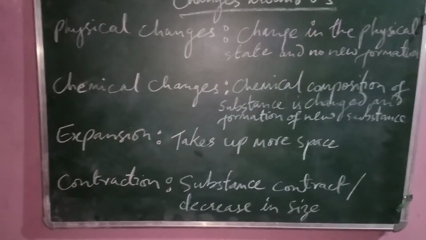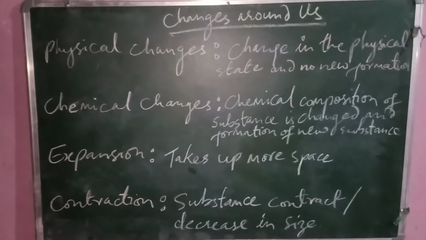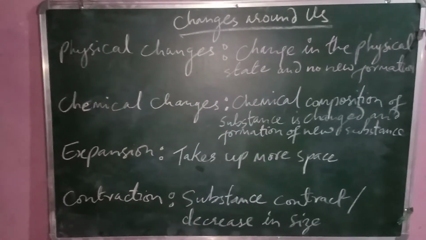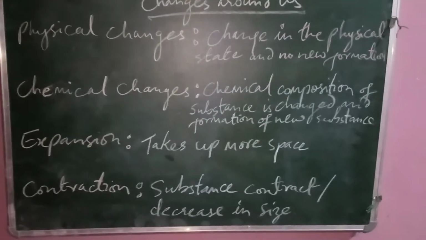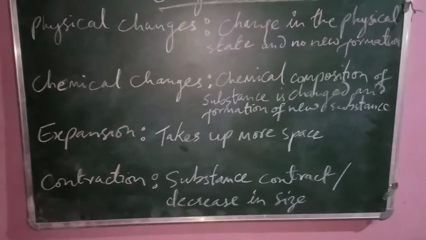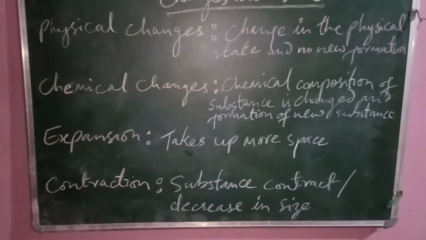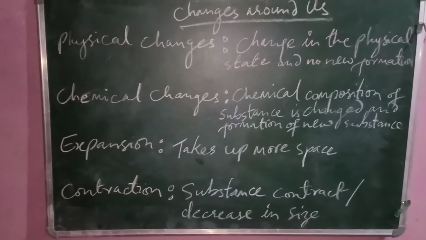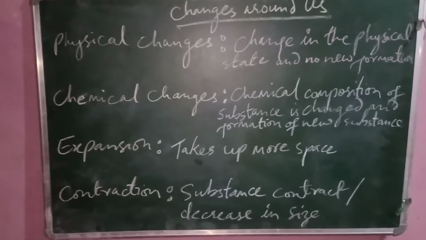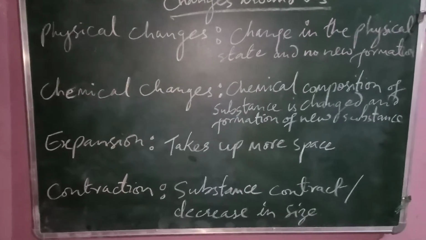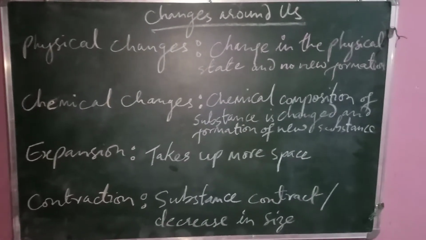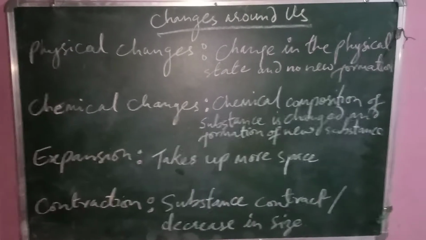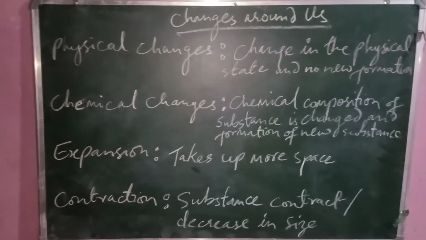A physical change is the type of change in which only the physical state of a substance changes and no new product is formed. That means it is a physical change.